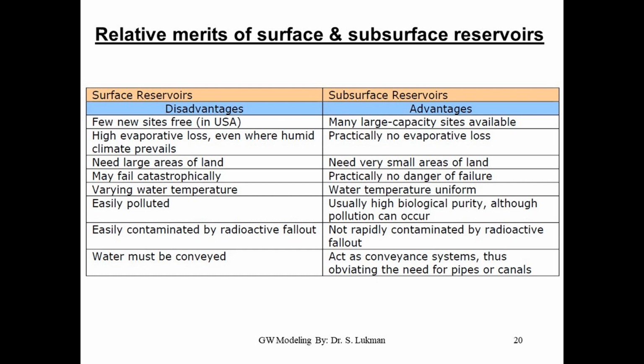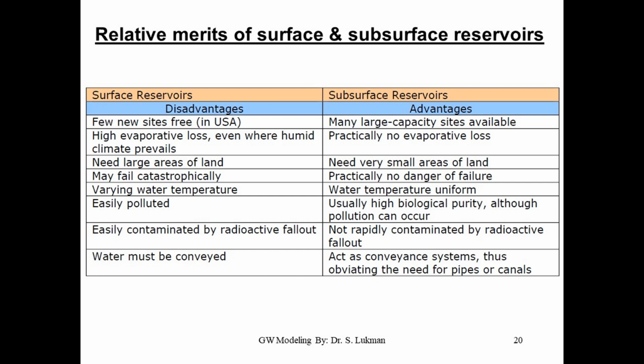Of course, we know sometimes a borehole can fail, by caving in, but nothing will happen to the structure, or anything of that sort. And it has varying water temperature because of the direct contact with the sunlight, and this one, water temperature is usually uniform, because it's usually deeper down.